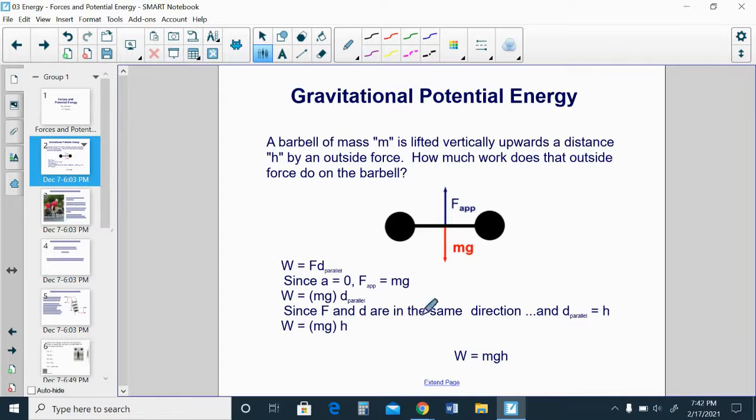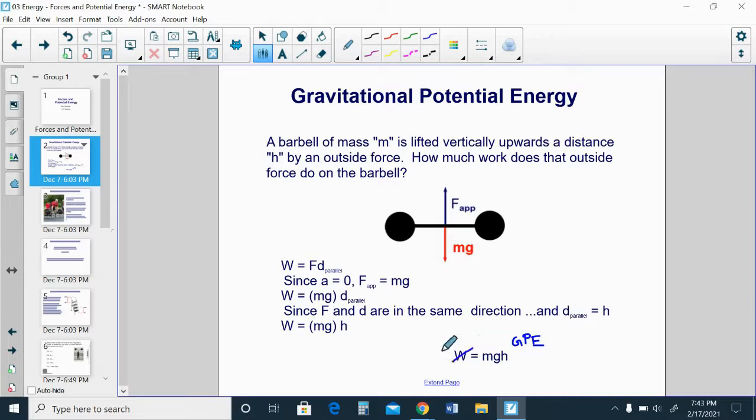So this equation is showing pretty much the same thing we saw initially, but this is actually an equation for something called potential energy. More specifically, gravitational potential energy is what we'll be calculating with this equation.